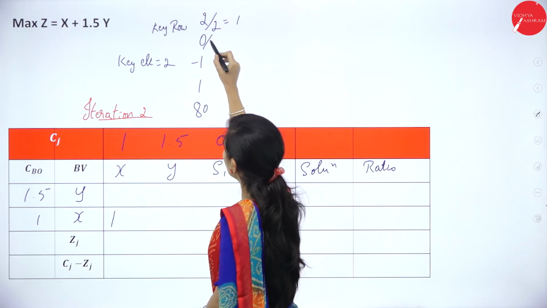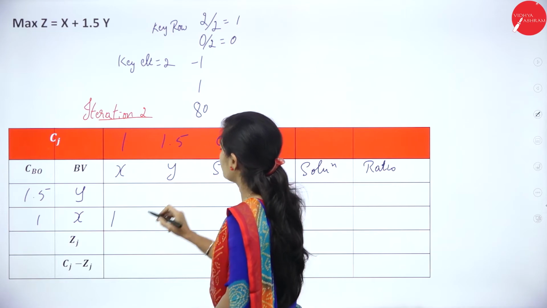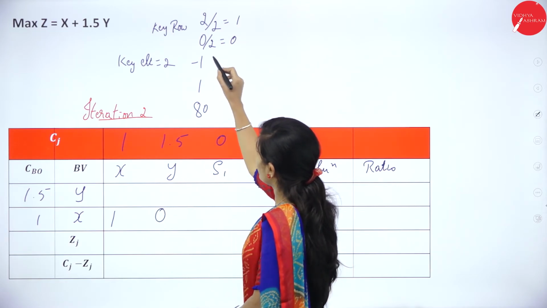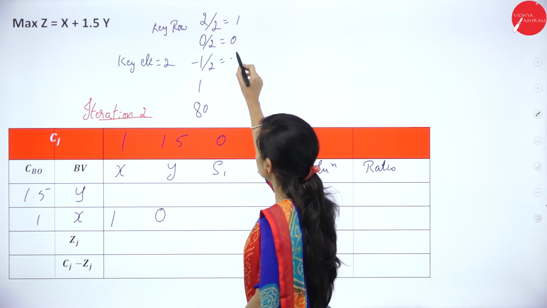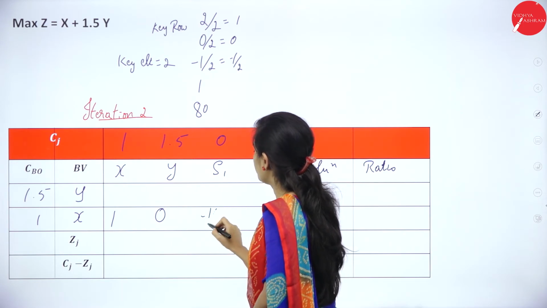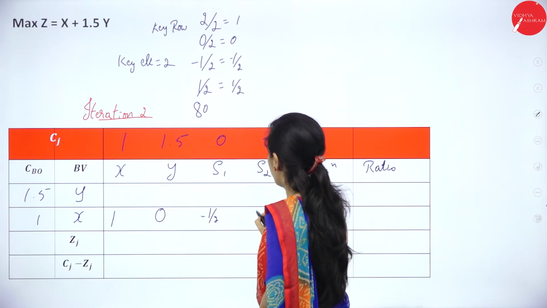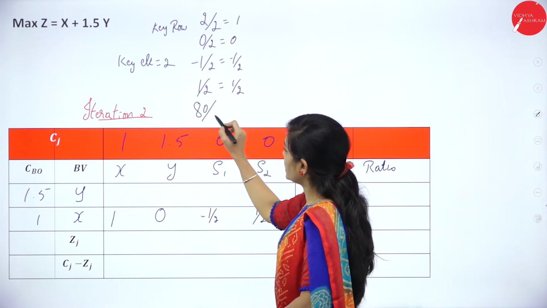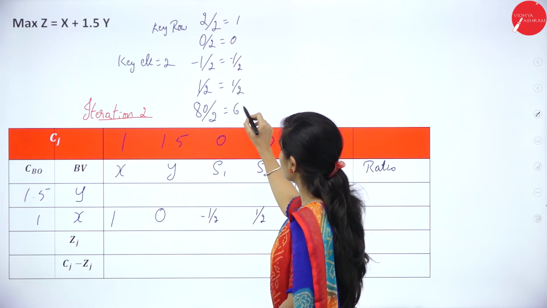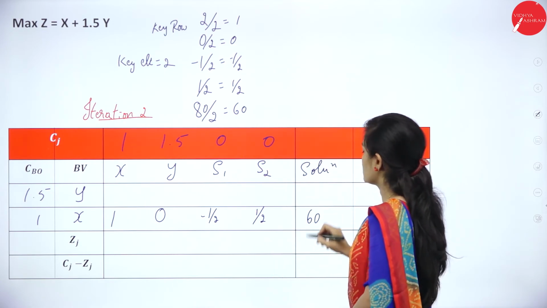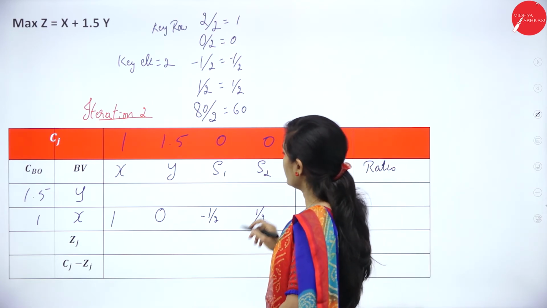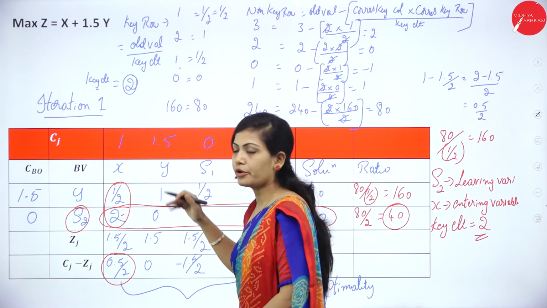Old value is 0, key element is 2, it is 0. Old value is minus 1 divided by key element, it is minus 1 by 2. Old value is 1, key element is 2, it is 1 by 2. Old value is 80, key element is 2, it is 40.